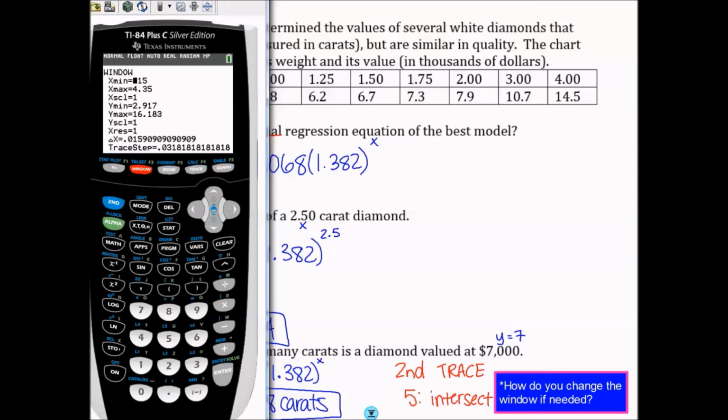So we can adjust the x and y values to make sure that what we think the answer is is included in the window. So we would want to change the x min and max to include what we thought our answer would be, and change the y min and max to include what our y value is, which is 7. So sometimes you might have to adjust the window or zoom out to make sure that you can see where the graphs intersect. But as long as you can see the intersection, the calculator can find the intersection for you.